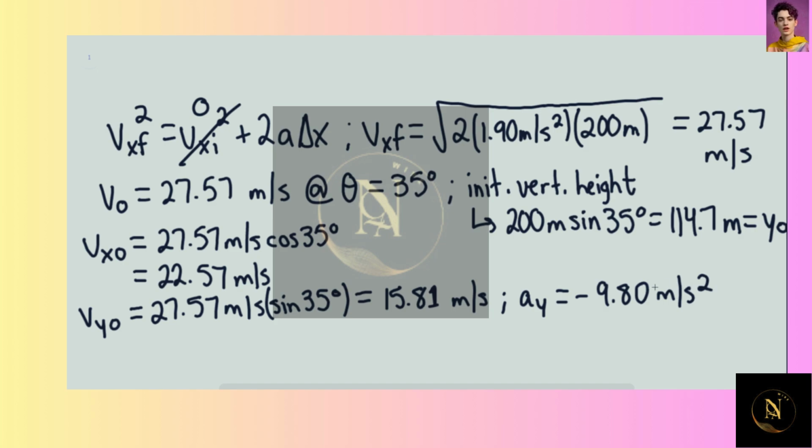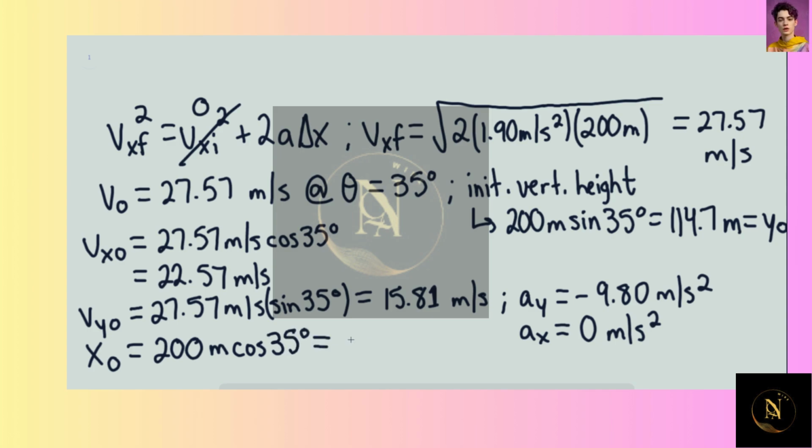And in free fall, we can say that the acceleration in the x direction would be 0 meters per second squared. So there isn't any acceleration in the x direction. We're going to say that the initial x position would be equal to, similar here, 200 meters times cosine of 35 degrees.